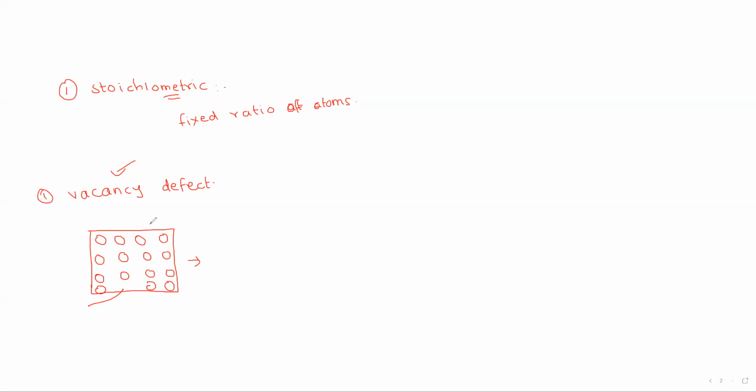Now, what happens when a particle is missing? Due to the absence of the particle, the mass of the substance will decrease, isn't it? Because mass depends on the number of particles. As the number of particles decreases, mass will also decrease. But what about volume? Volume will remain unchanged. And what about the density of that crystal structure?